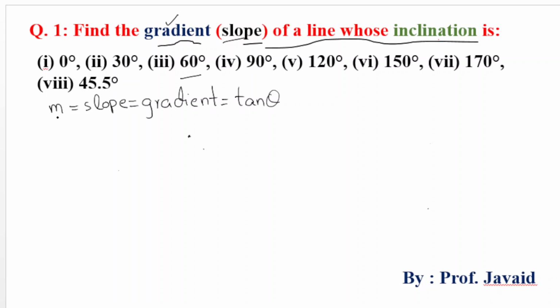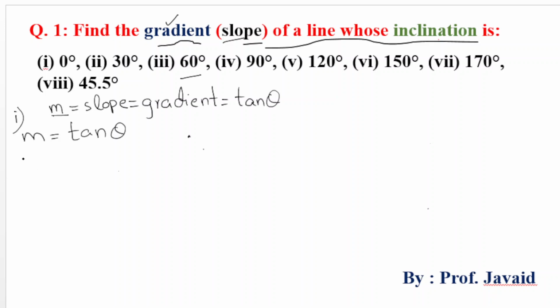So now we have to find the slope. So this is called slope, okay. So then m is equal to, if this is the first question, then m is equal to tan theta. I'm taking this. So the first question is 0 degree.